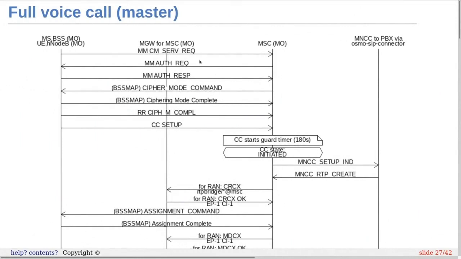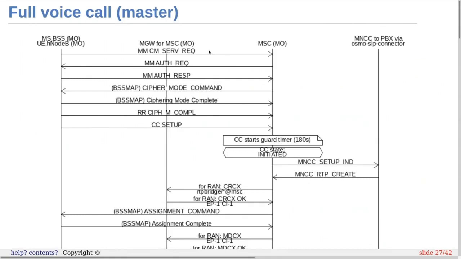In the CM service request, this comes in the layer 3 complete message, and there we get the BSS codec list, like the selection of the BSC and the BTS, incidentally.